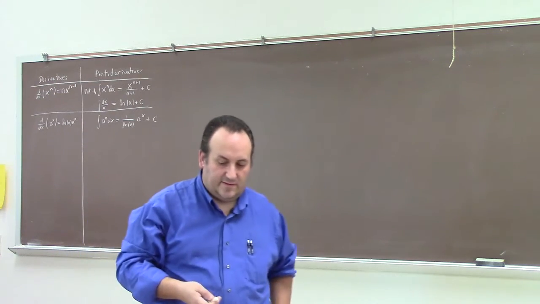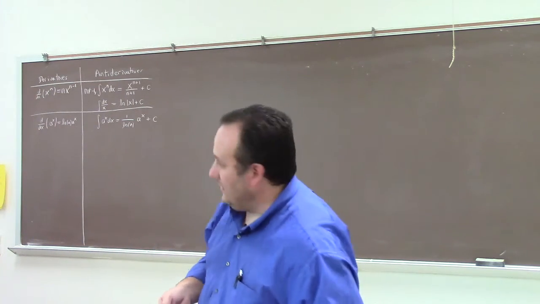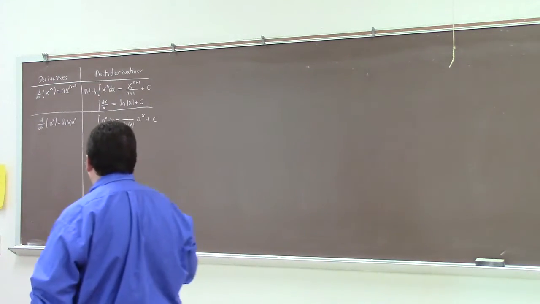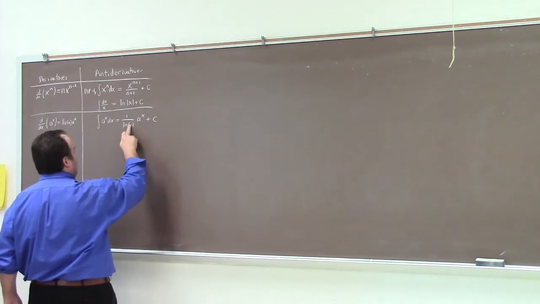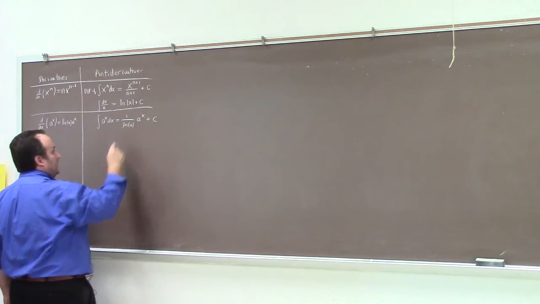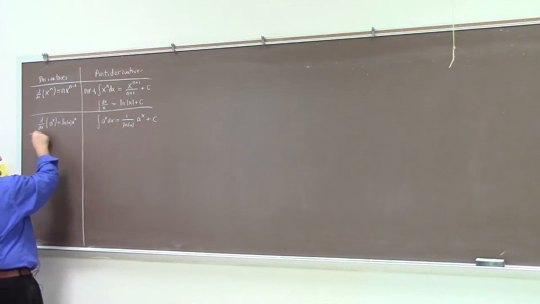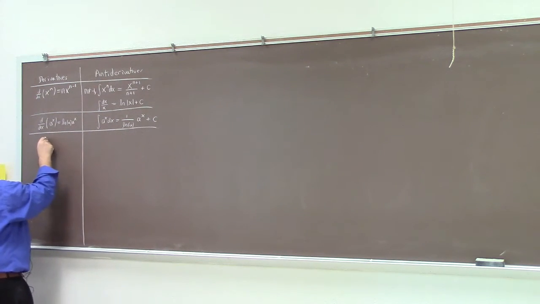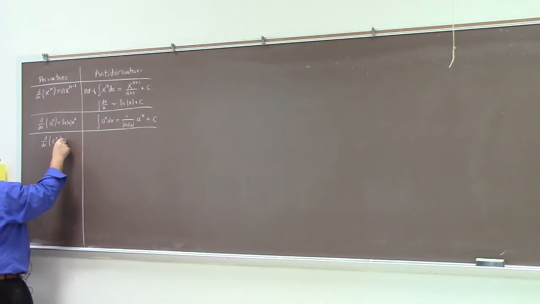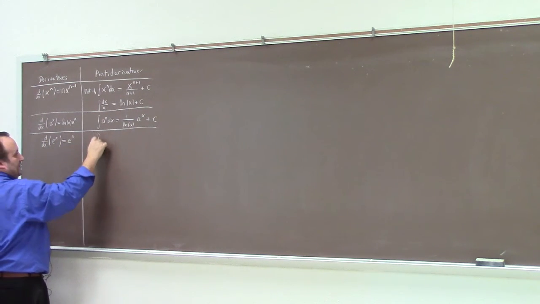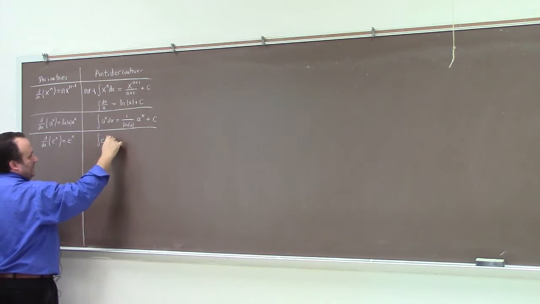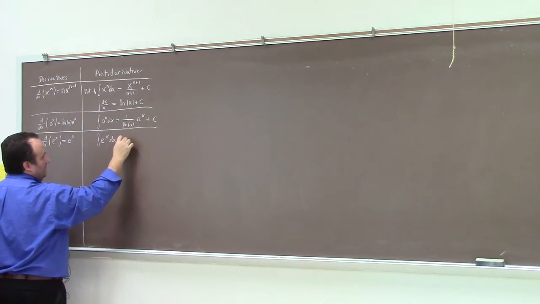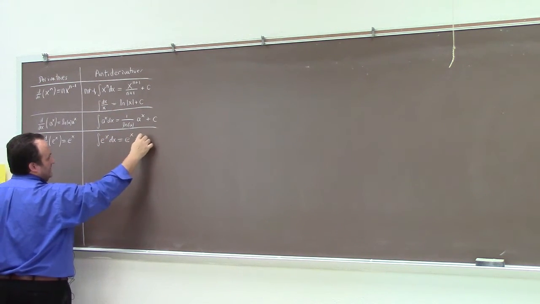We pull down natural log of a, and so we need that 1 over log a to compensate for the log a that comes from differentiation. Of course, the most commonplace exponential function is just d dx of e to the x, in which case we get e to the x and the same rule for integration, except, of course, we have to add a constant because it's indefinite integration.